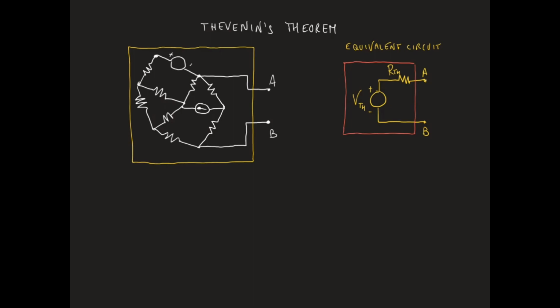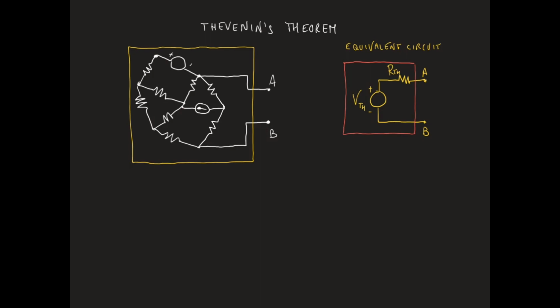This definition of equivalence between the two circuits actually provides us with a method to determine the value of VTH, the Thevenin voltage source, and RTH, the Thevenin resistor.